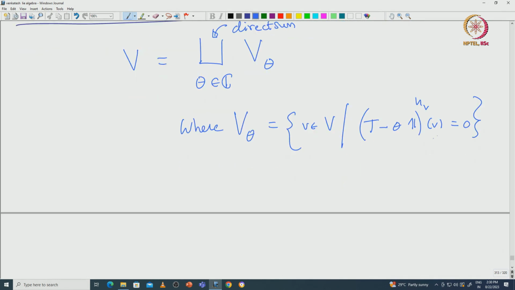It is actually a simple exercise from linear algebra. Even though you vary this n_v, you can actually prove that there is a unique capital N such that this V theta becomes the kernel of (T minus theta identity) to the power capital N. I will leave this as an exercise. It is not hard, but anyway, you can talk about this generalized eigenspace.